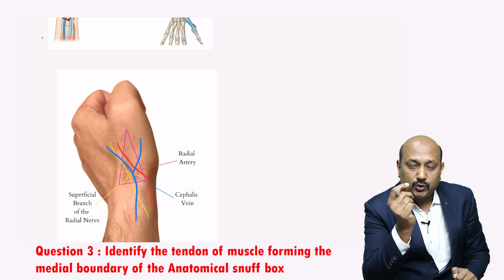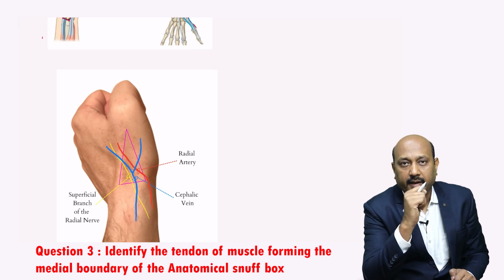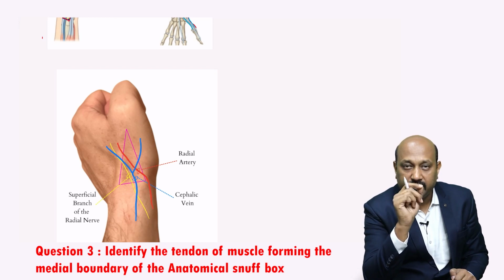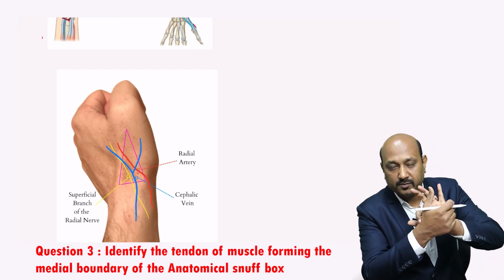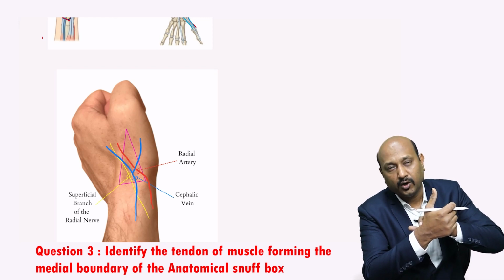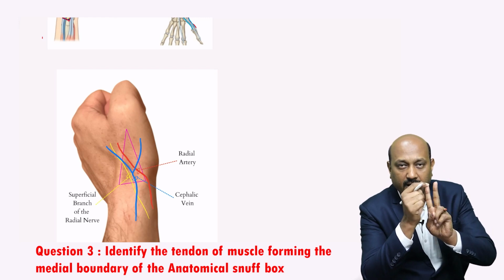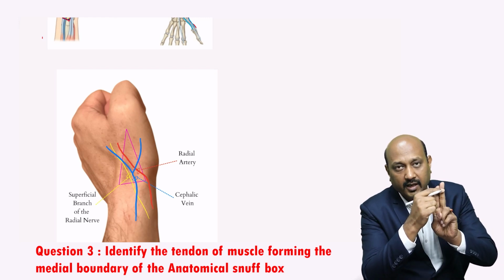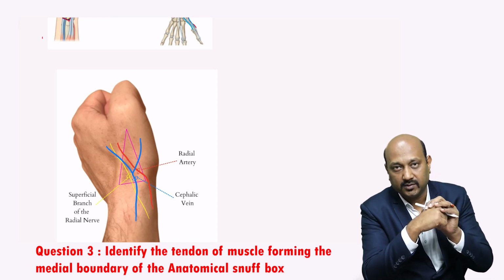And there are two more structures present within the superficial fascia of this anatomical snuff box: one is a vein and the other is a nerve. The vein is the cephalic vein, which basically starts here, and the nerve is the superficial branch of the radial nerve. These two structures are present within the superficial fascia of the anatomical snuff box, right?